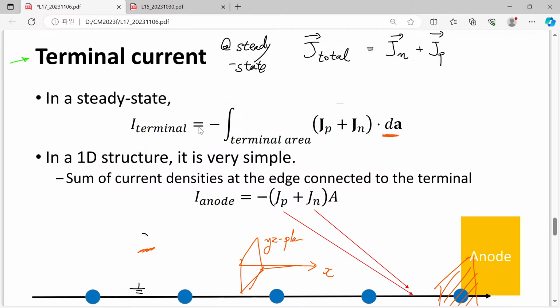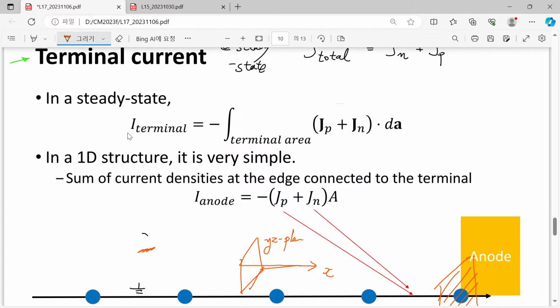So simply speaking, let me just make a 1D expression. So the terminal current I is the area times Jn plus Jp, and here we have a negative sign. For this integration, it becomes just the area of your device.